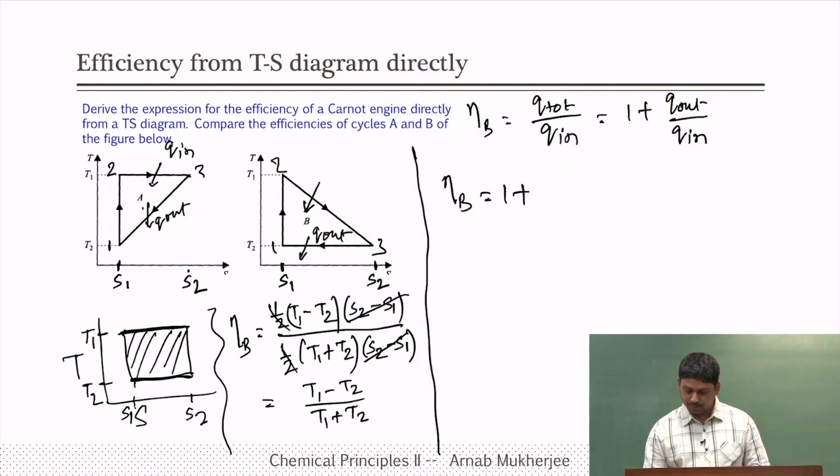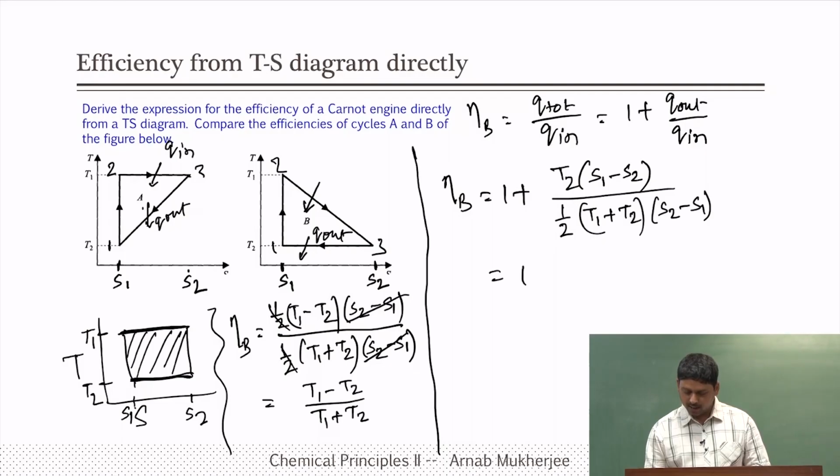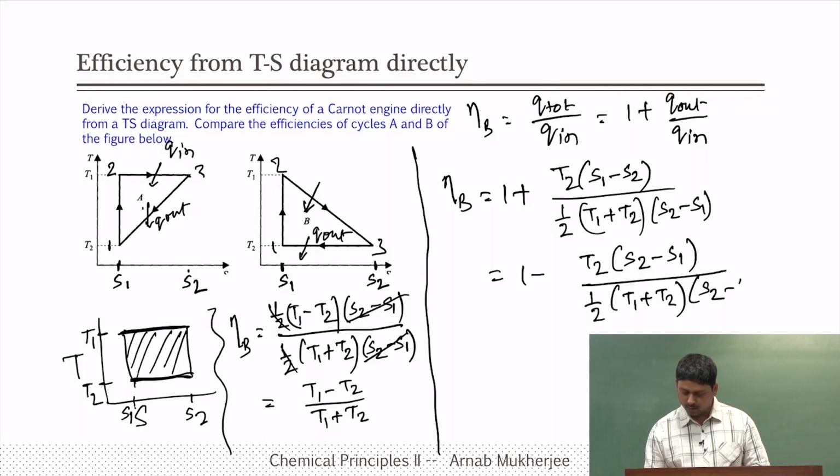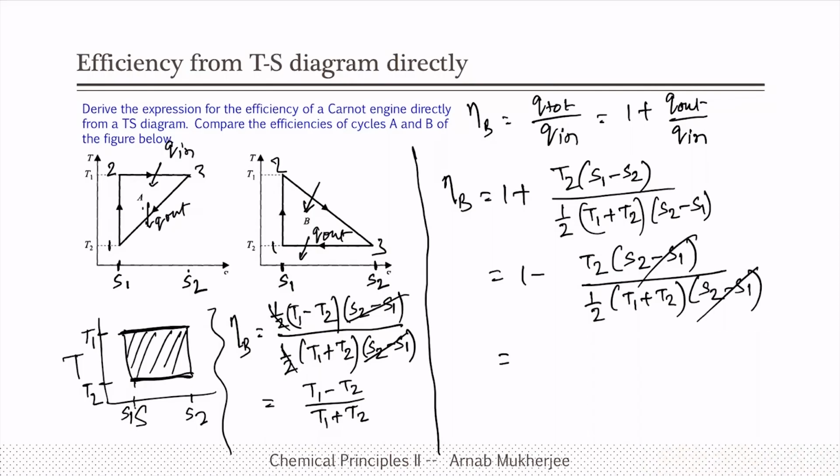Q out we just got, that it is T2 (S1 minus S2), and Q in we got as half (T1 plus T2)(S2 minus S1). We take a minus, so we get T2 (S2 minus S1) by half (T1 plus T2)(S2 minus S1), giving us 1 minus 2 T2 by (T1 plus T2).